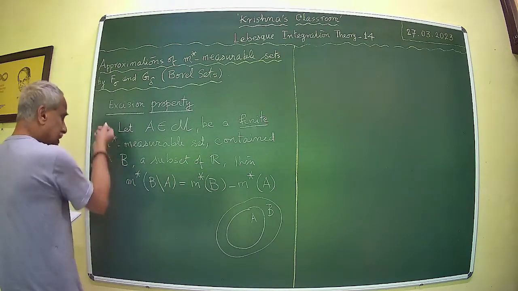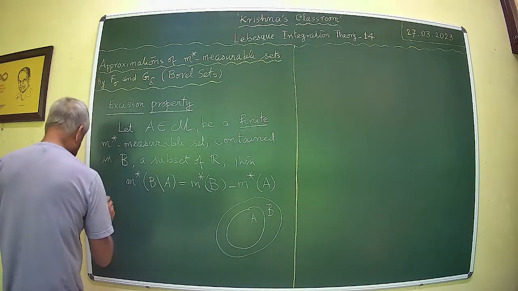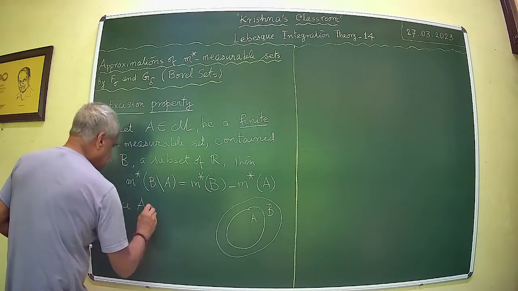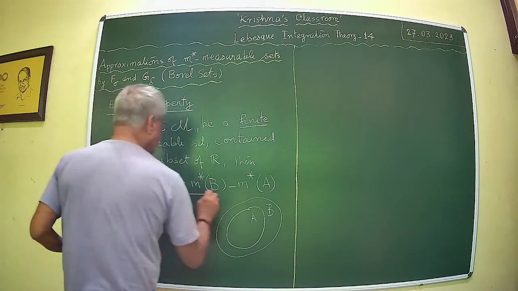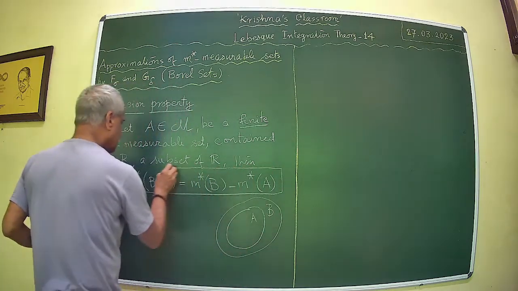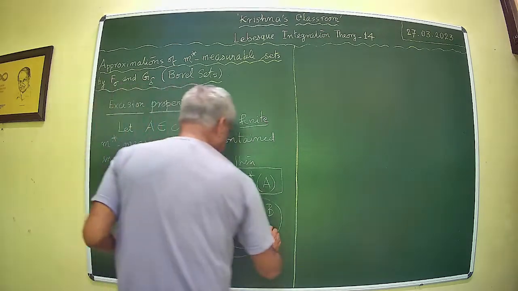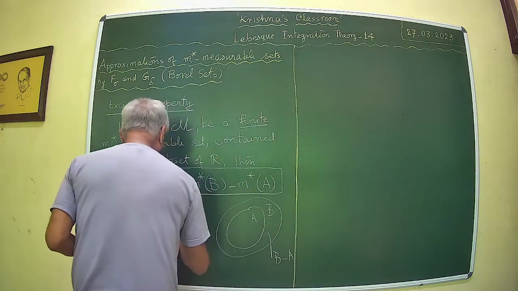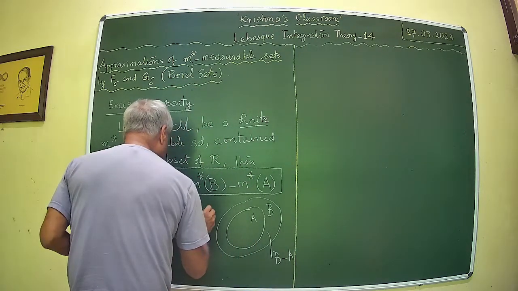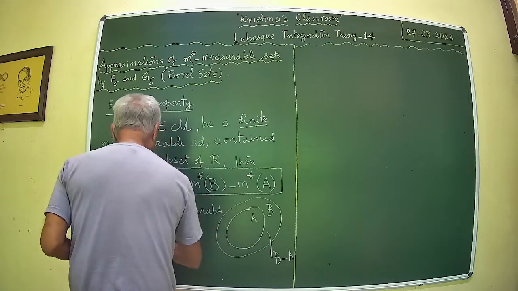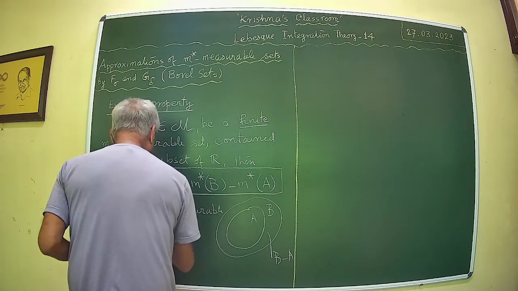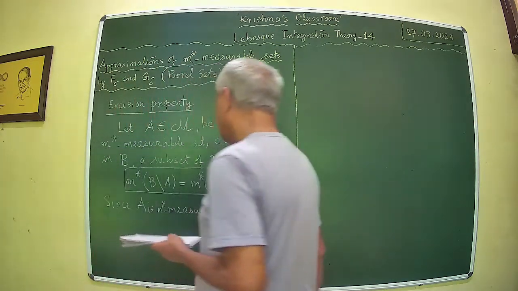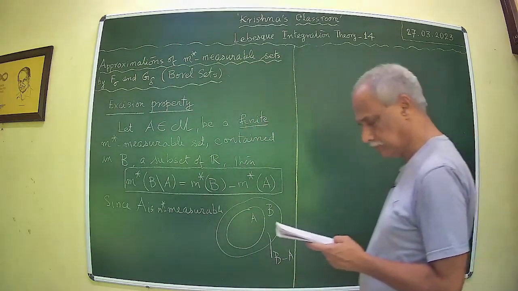Now this we can easily see. Since A is measurable, this is B minus A. A is M star measurable.